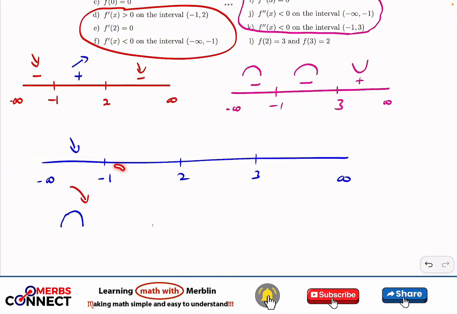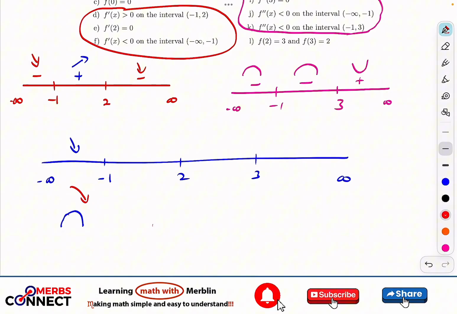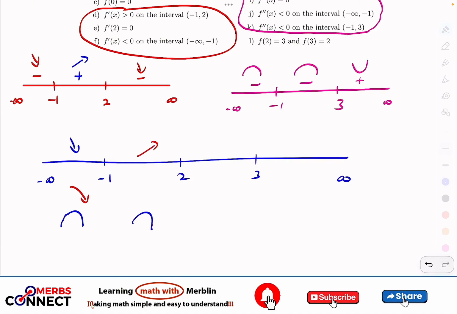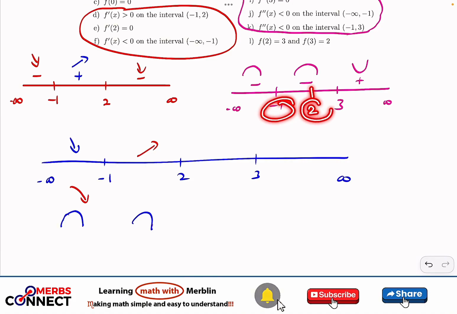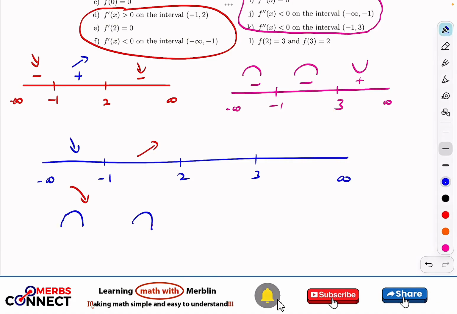In between minus 1 and 2, the function is increasing, and we have concave down, which is between this and 2, because 2 is also in between here. So since the function is increasing, we are going to also focus on the increasing part of this function. We are going to focus on this part of the function so that you go in this one.